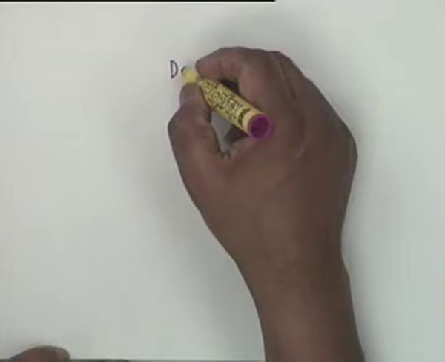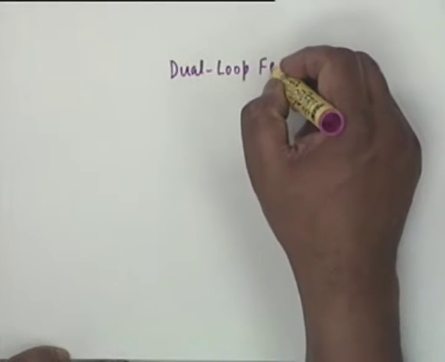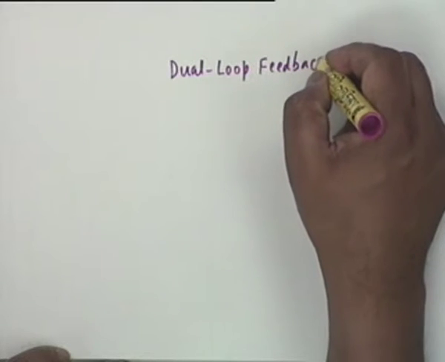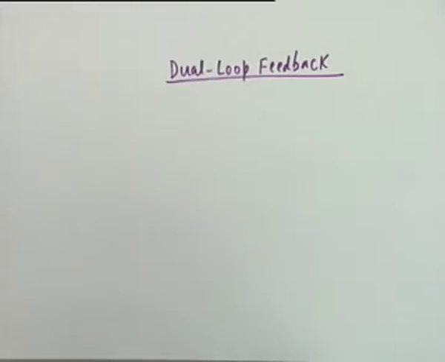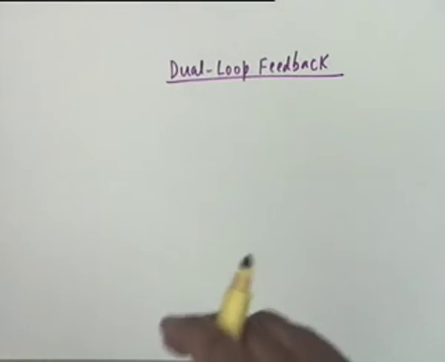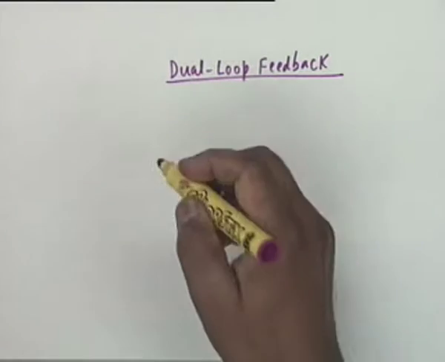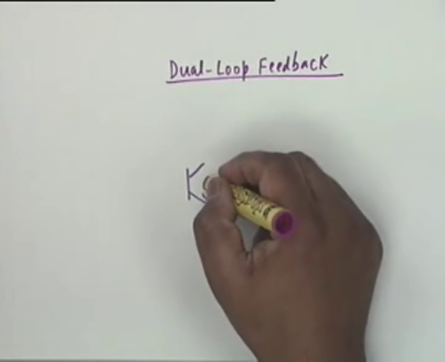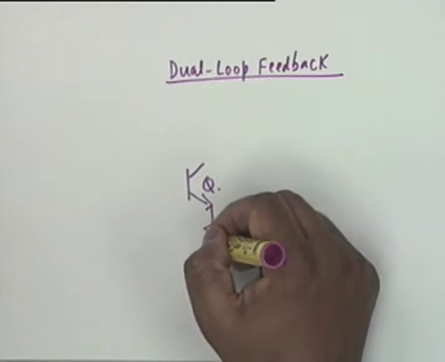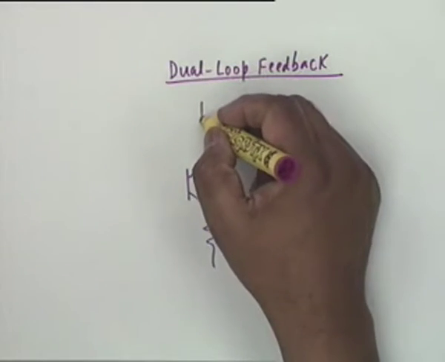Now, there is something called dual loop feedback. You remember that in local feedback, that is a single stage feedback, we had used either series or shunt. In a simple local feedback, we had either used series, which means an unbypassed emitter resistance.